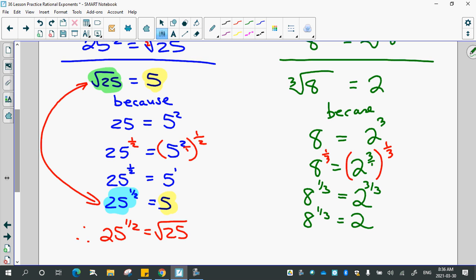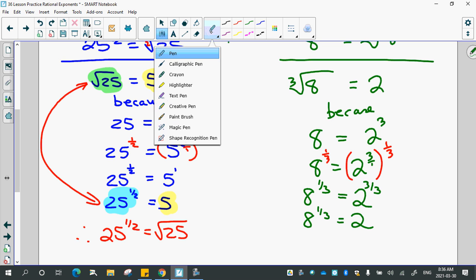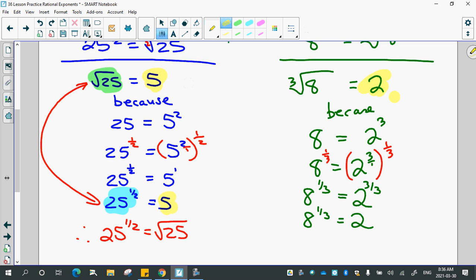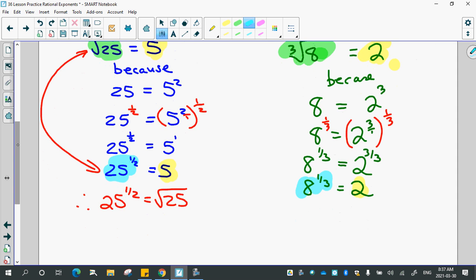Again, we have the same idea we had in the last question. The third root of 8 is 2. 8 to the 1/3 is 2. We use the definition of roots to get there.